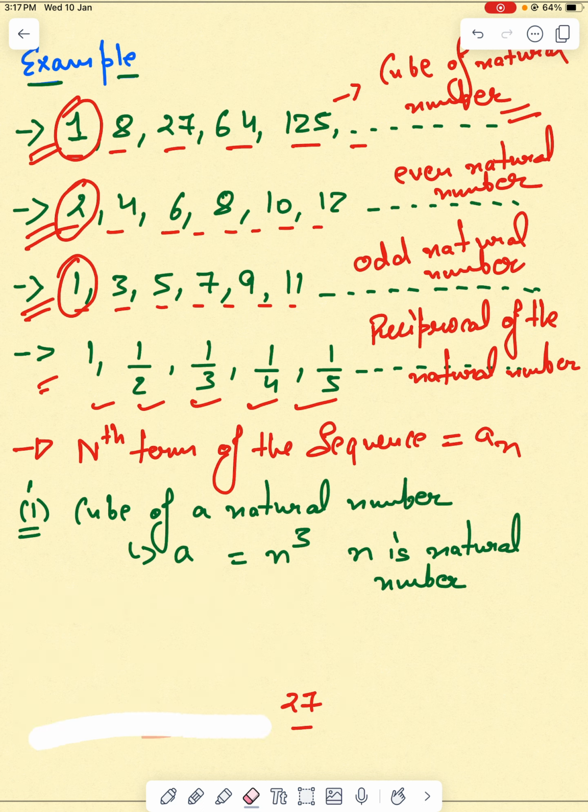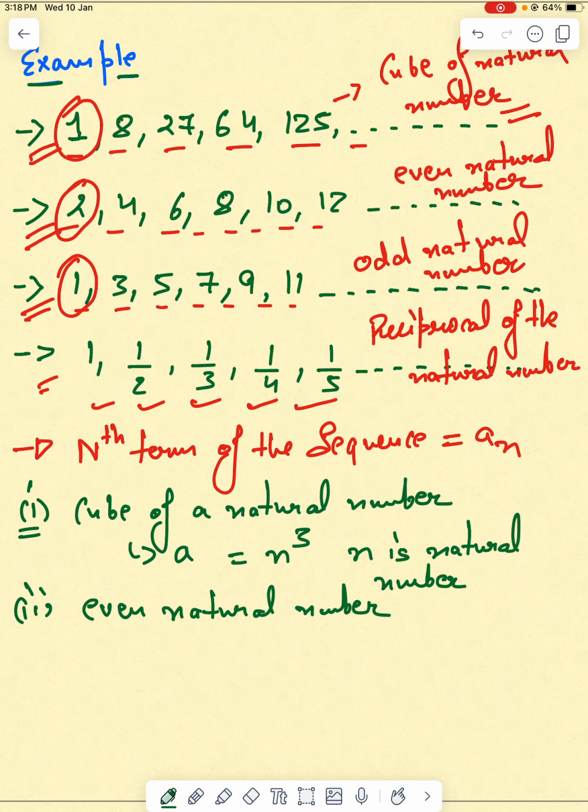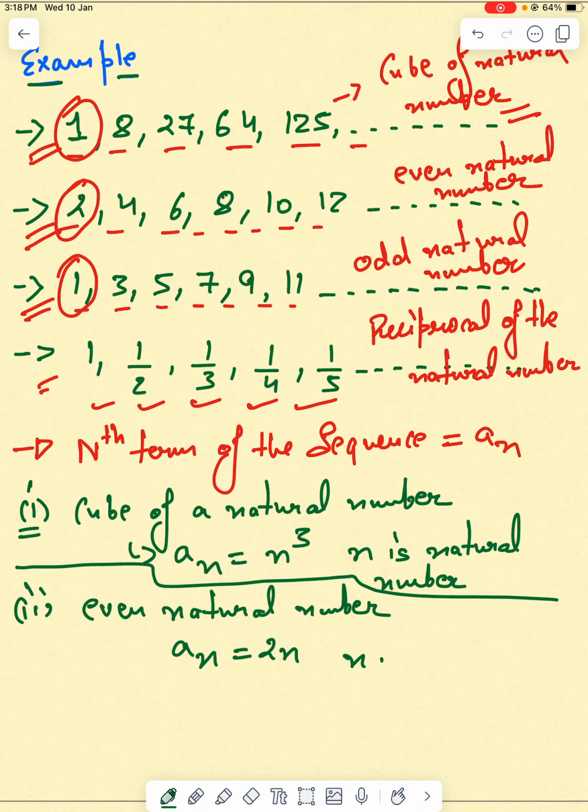So what about your second sequence, which is your even natural numbers? The nth term of this can be expressed as a_n = 2n, where n is also a natural number, right?